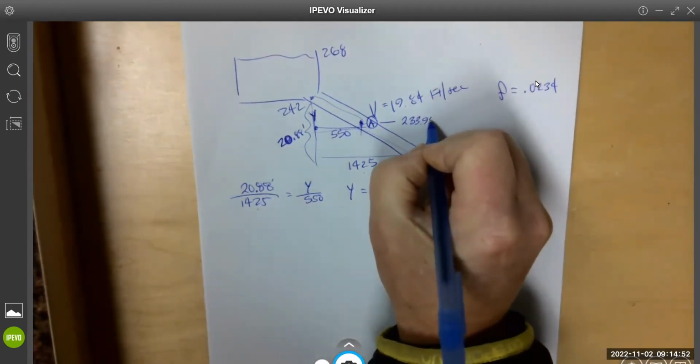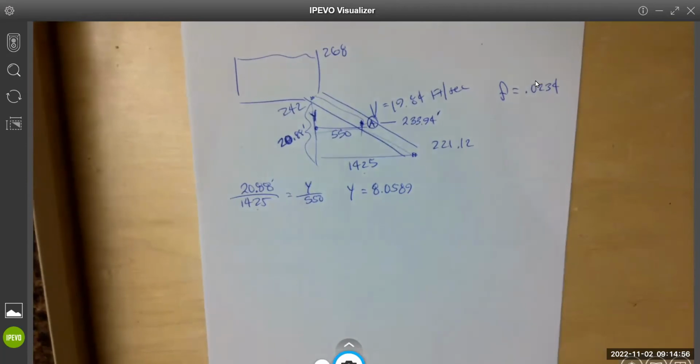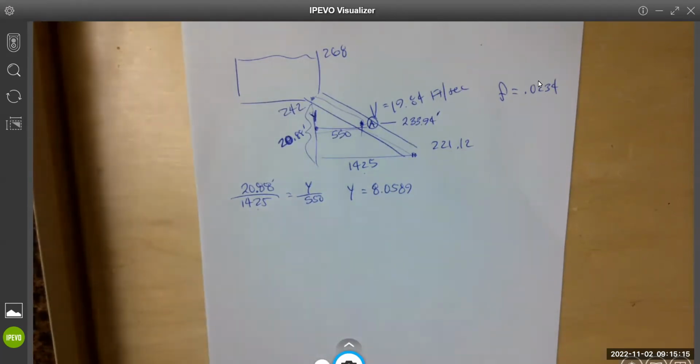The new elevation of A. Yep. And we need that for our formula, because we need H1 and we need H2. 242 minus 233.94.